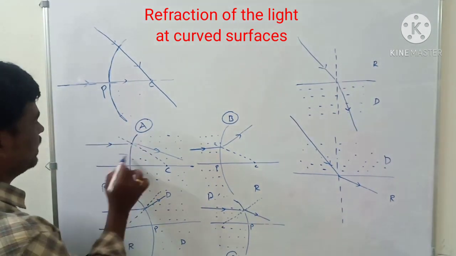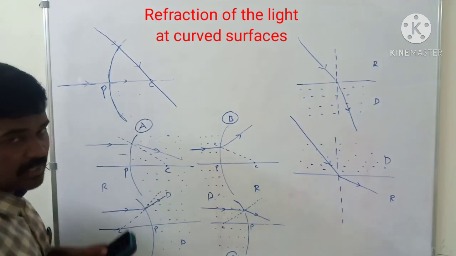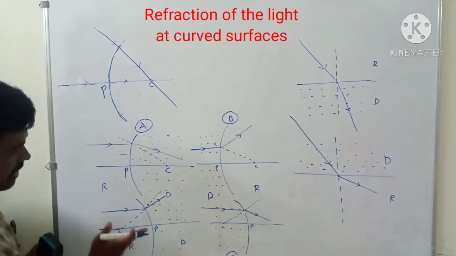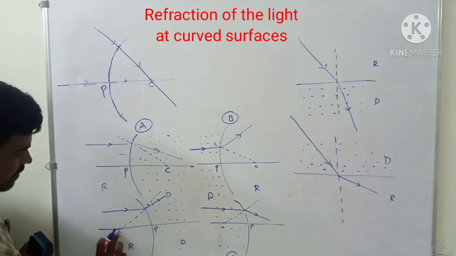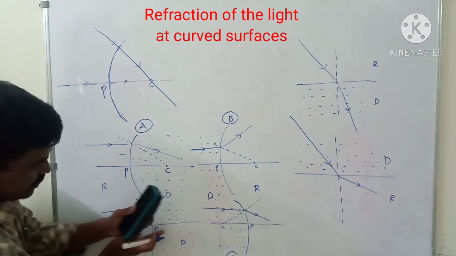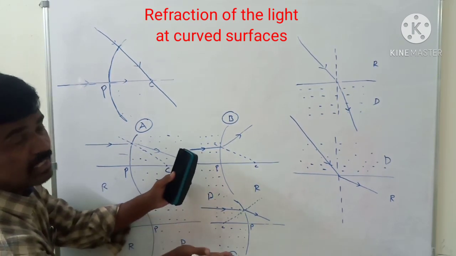If you draw many lines, they all converge at the principal axis, here and here. Now look here: it seems this ray is emanating from some point. If we draw many lines, they are diverging.